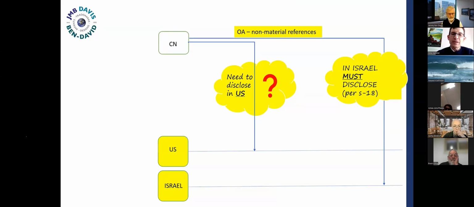But at the same time, there's no obligation from the federal rules in the strict black letter of the law to disclose to the USPTO non-material documents. So what do you do? And this becomes something of a judgment call.